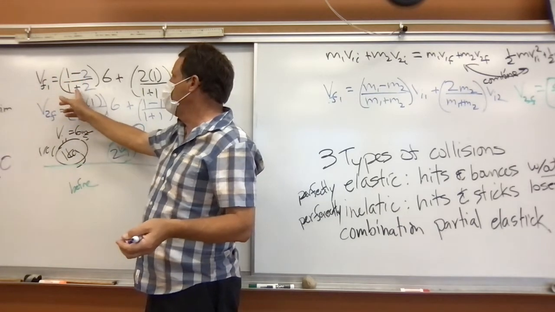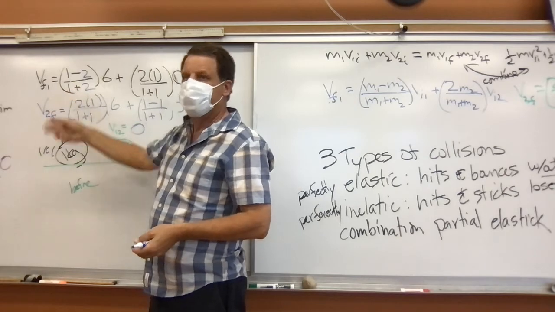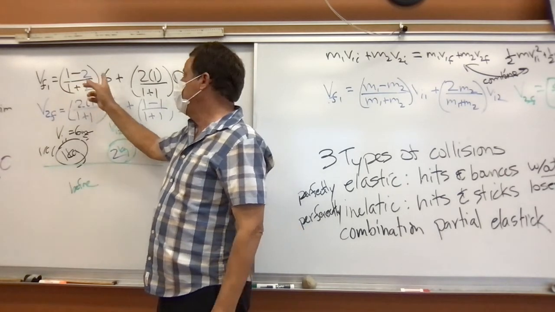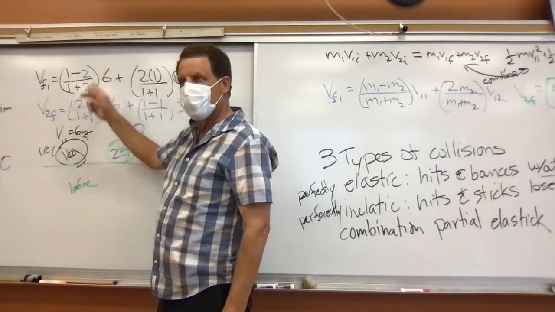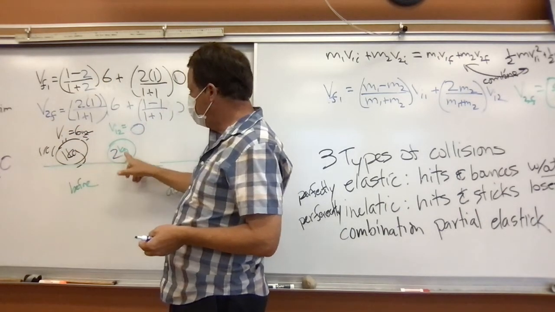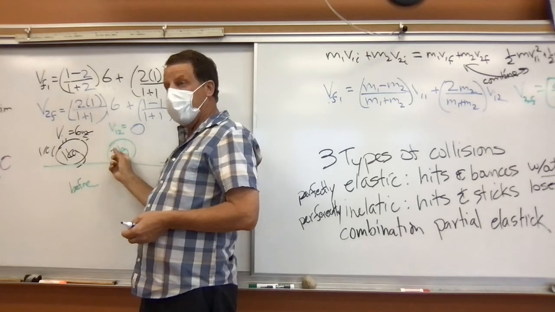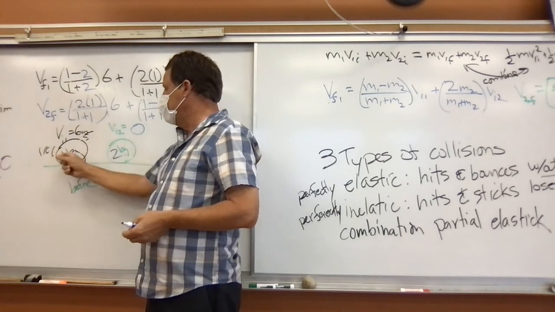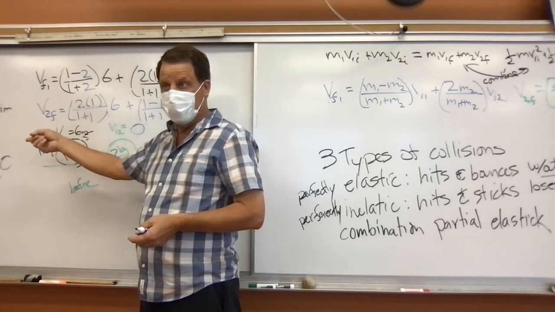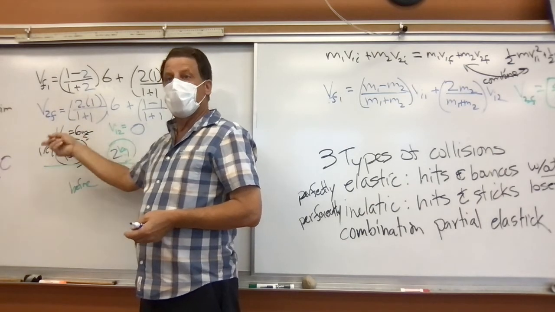What's -1 divided by 3? -1/3. What's -1/3 times 6? -2. So since this green ball is heavier, more massive than the black ball, the black ball is going to hit, and it's actually going to bounce back a little bit, going at -2.